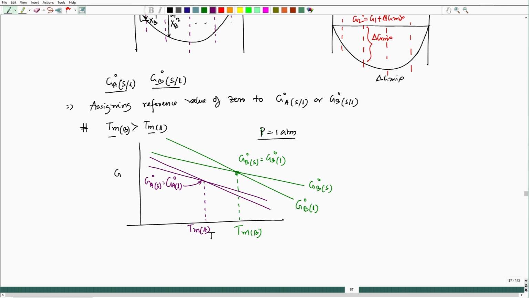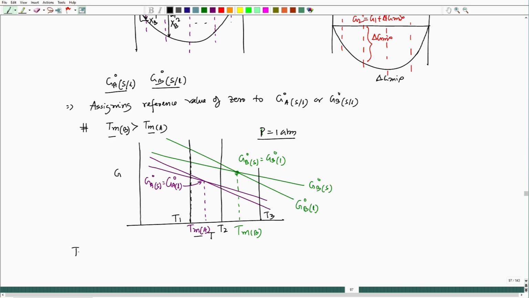Now, let us take a few temperatures. One temperature we take here, which is less than the melting point of A, this is T1. Another temperature would be the melting point T_mA. Another in between, this is T2, and the fourth would be T_mB, and another temperature would be T3.